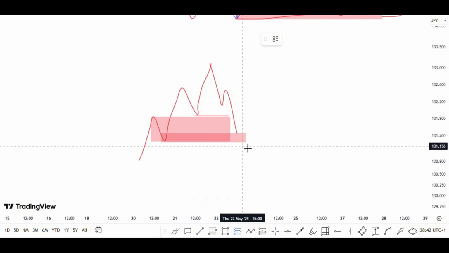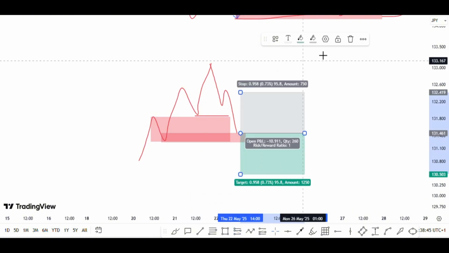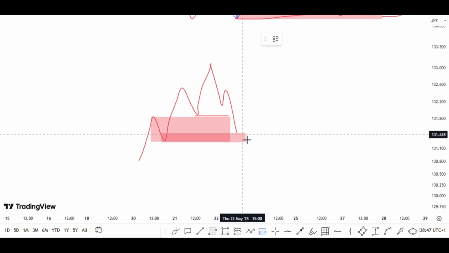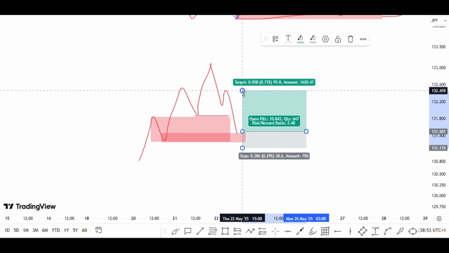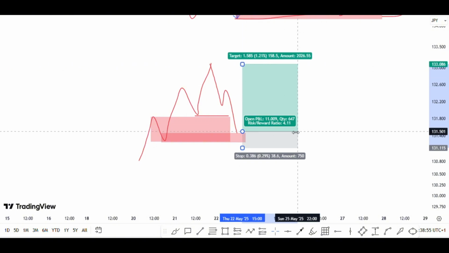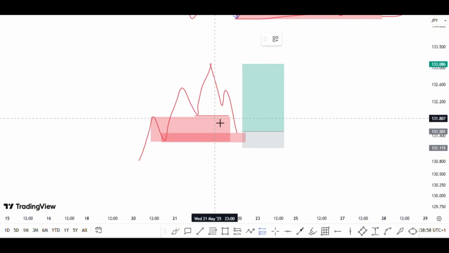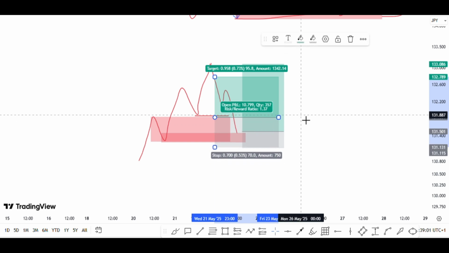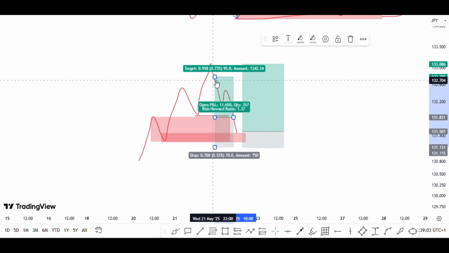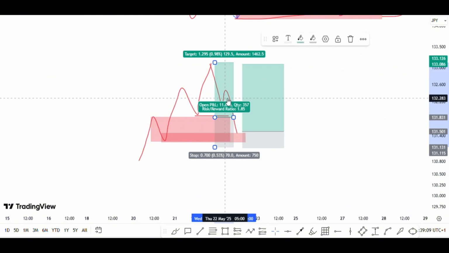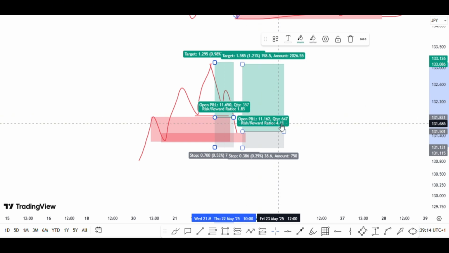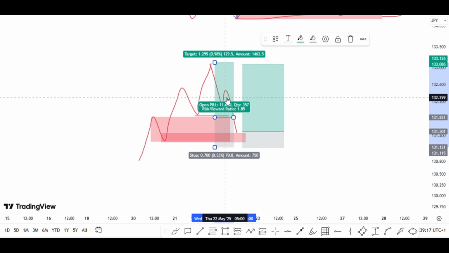Taking a trade from this level, putting your stop loss somewhere here and targeting this high, is different from taking a trade from this level, putting your stop loss at the same level, then targeting the high. You can see that the order flow is big. This one will give you 1 to 1.8. This one will give you 1 to 4. So that's the advantage of the order block. It's a refinement of the order flow.